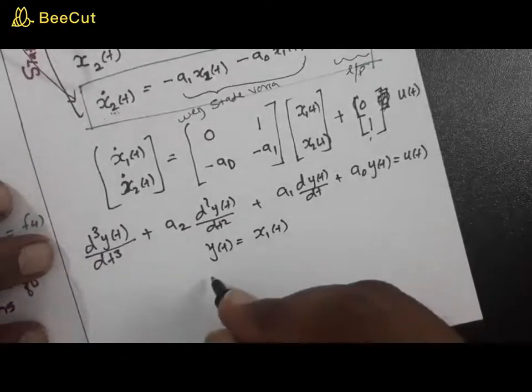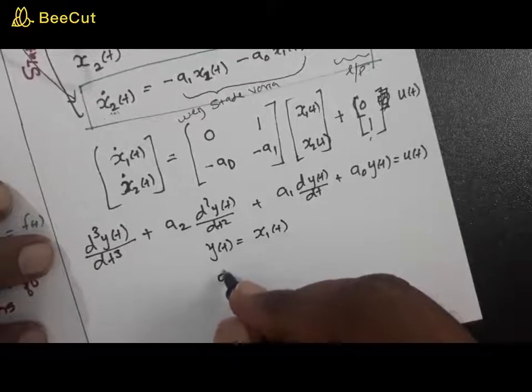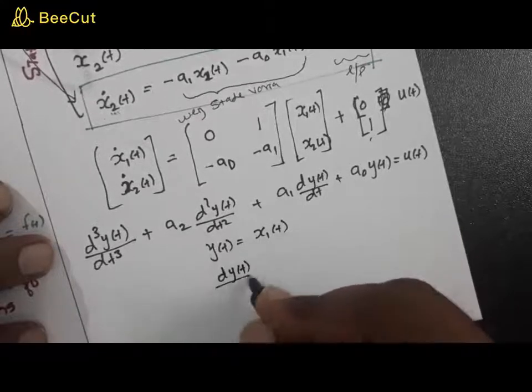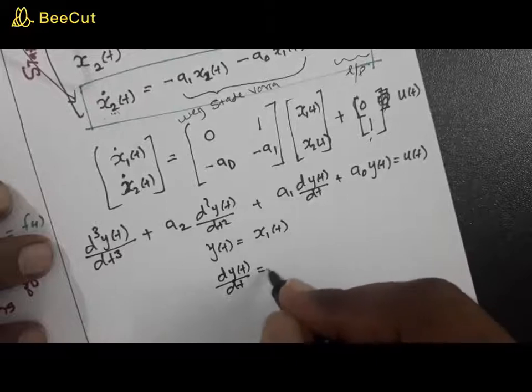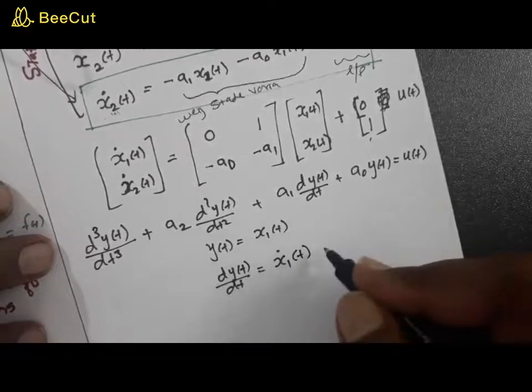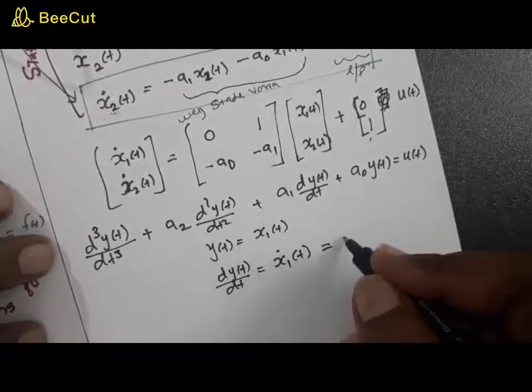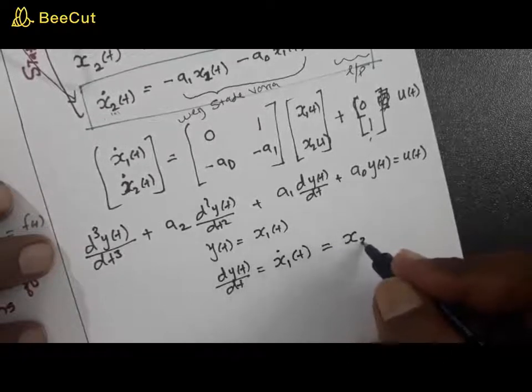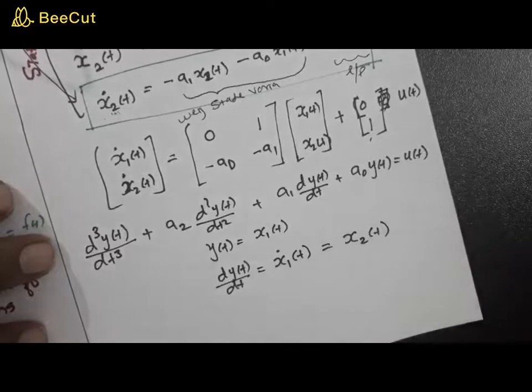Now you can also have a derivative of this, that is dy of t by dt, which is actually equal to x1 dot t, and you can assign that as the second state variable.